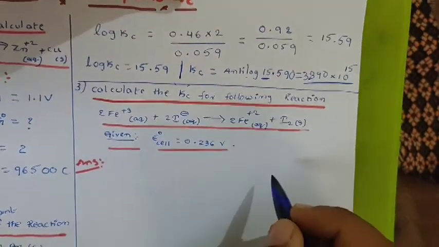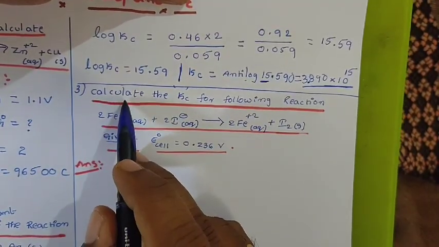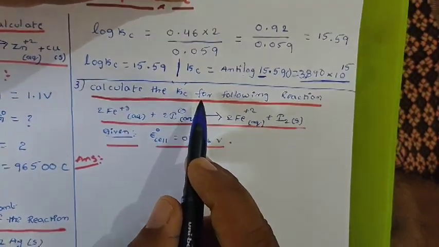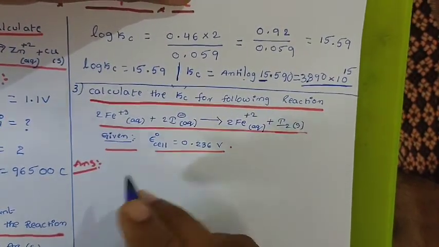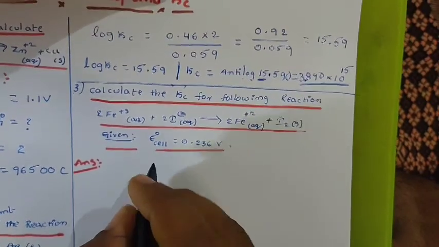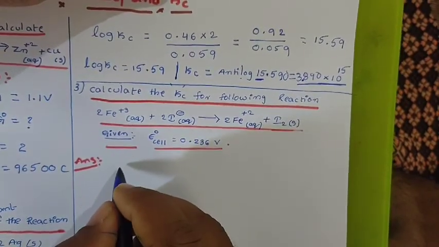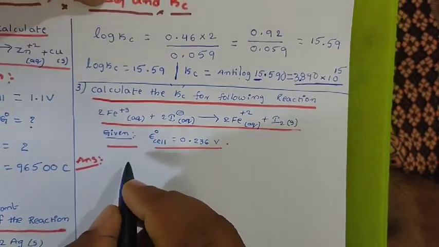Let us go to solving the next problem. Calculate the Kc of the following reaction. This is the reaction they have given, with E naught cell. So here they clearly mention E naught cell. Then how to calculate the Kc?